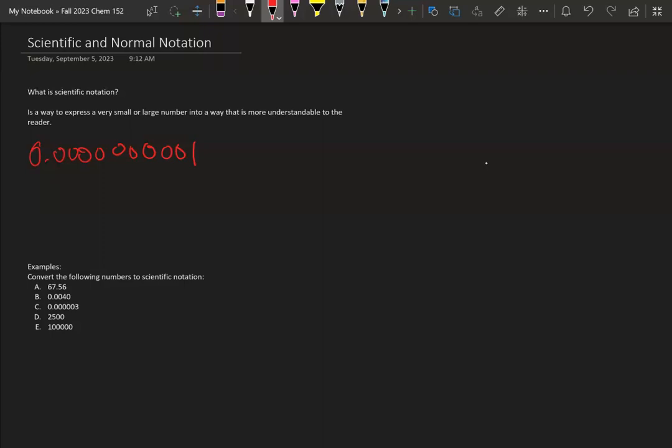Right now, the way it's written is a normal notation, and that's the way we always write numbers. But every now and then, we need to convert it. So this is a good example of a number that would need to be converted.